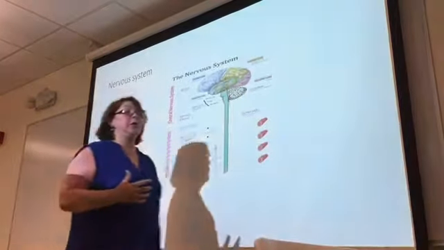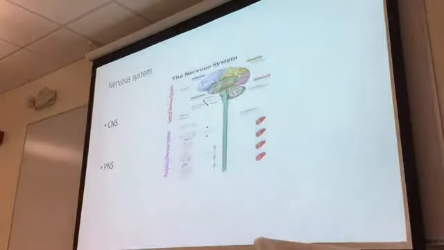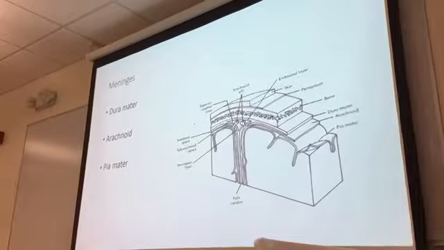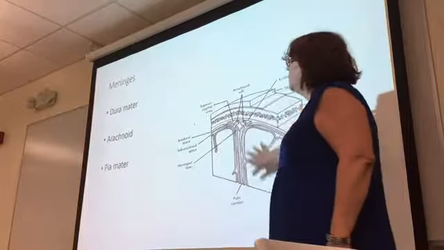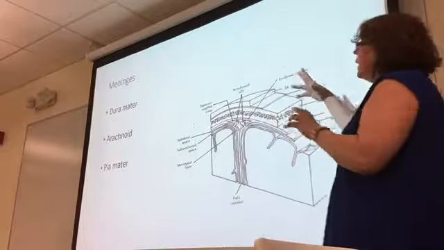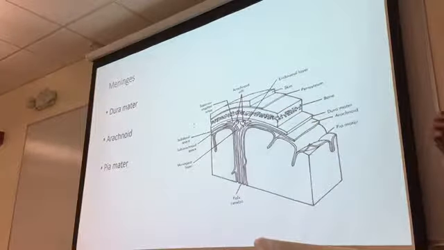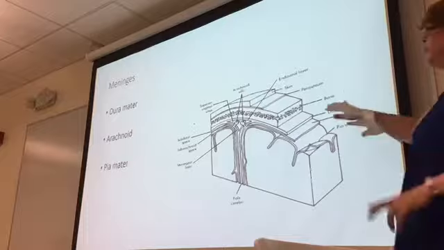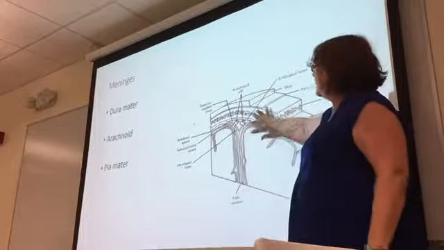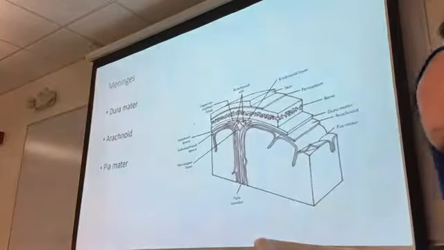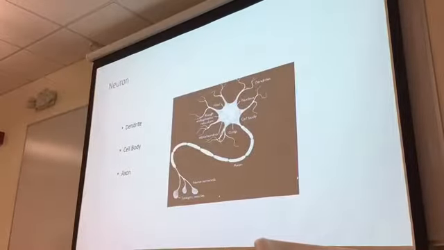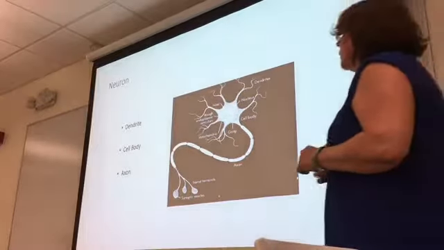So certainly you're going to see issues with central and peripheral nervous system. The brain and spinal column have protection: the covering layers, the meninges, the dura mater, arachnoid mater, pia mater, and in the subarachnoid space, the cerebrospinal fluid that helps cushion and protect the brain and the spinal cord.